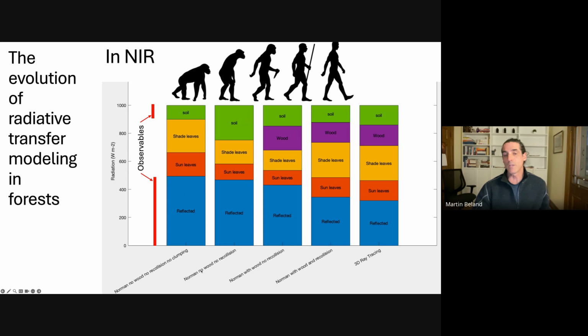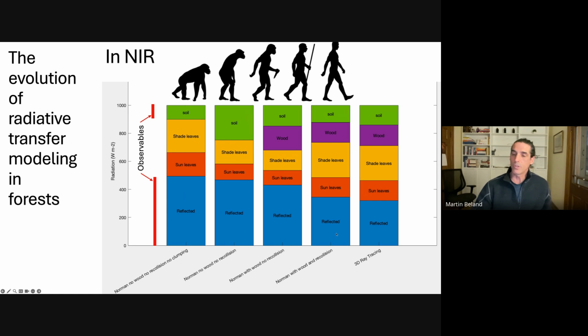So what we're doing here, as we go towards the right, is including, in the second column, the leaf clumping. And what happens is we get a lot more light penetrating towards the deeper layers and reaching the soil, so we've got a lot of absorption by the soil. In the third one, we're including the wood interception, so we've got a lot of wood intercepting and absorbing light.